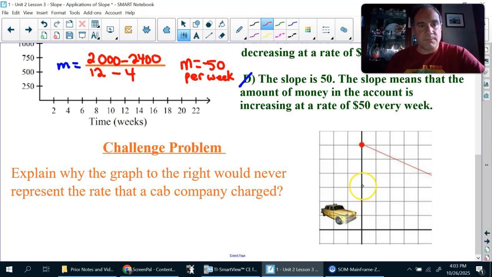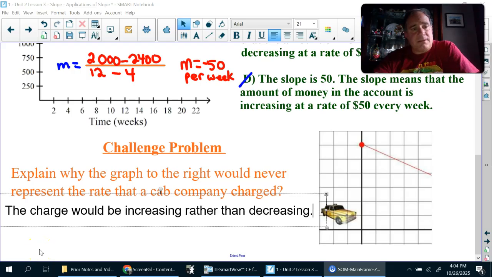They don't give you any numbers, so just looking at a negative slope, that would never have a negative slope, because that means that the cab company is charging less and less as the miles. Maybe these are miles, I'm not sure. With a cab company, the total cost is increasing, it wouldn't be decreasing.